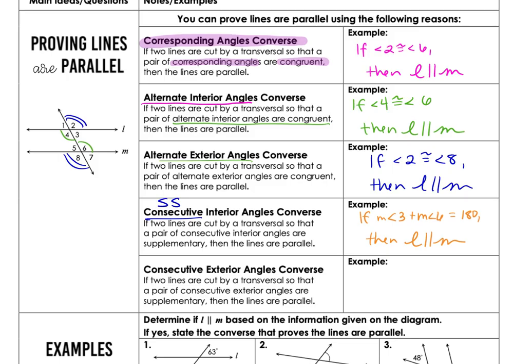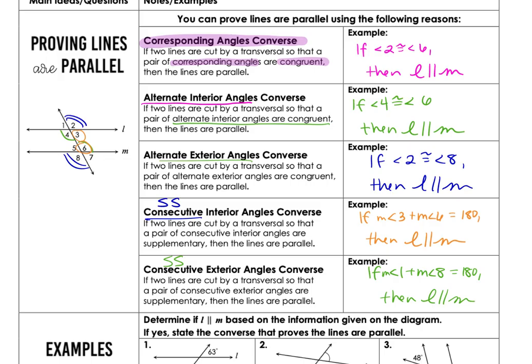If 3 plus 6 is 180, those lines have to be parallel. If 3 and 6 are supplementary same side interior angles, the lines will be parallel. Can someone tell me a pair of same side or consecutive exterior angles? 1 and 8. If the measure of angle 1 plus the measure of angle 8 equals 180, then the lines are parallel.